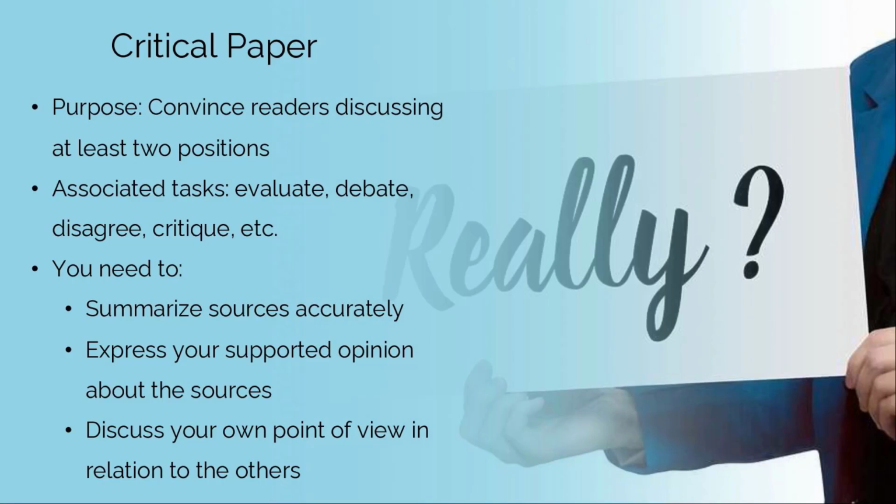So it becomes a kind of argumentative paper, and you have at least two different points of view. While persuasive text requires you to have your own point of view on an issue or topic, critical text demands that you discuss at least 2 points of view, including your own. Therefore, you have to summarize the read works, evaluate them, and support your discussion of them.